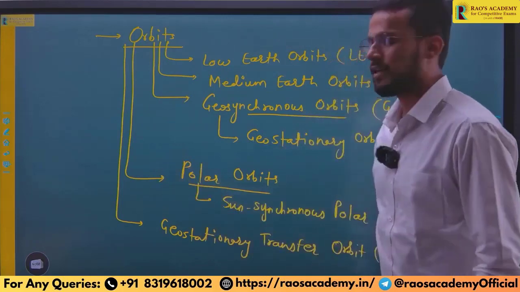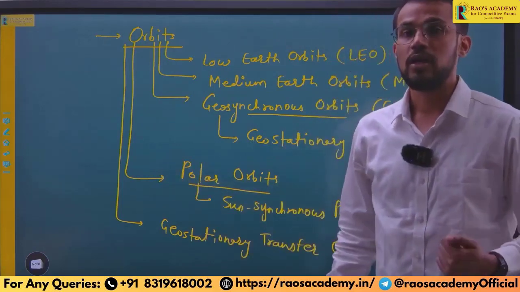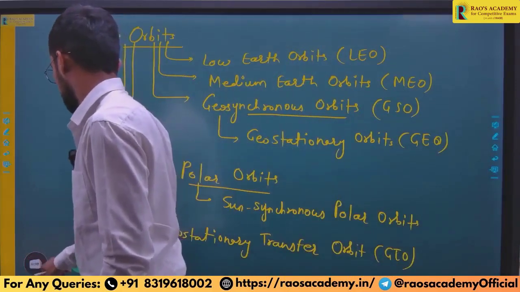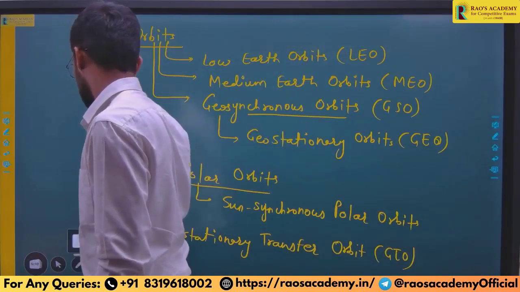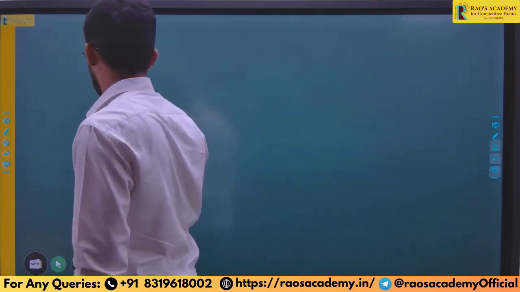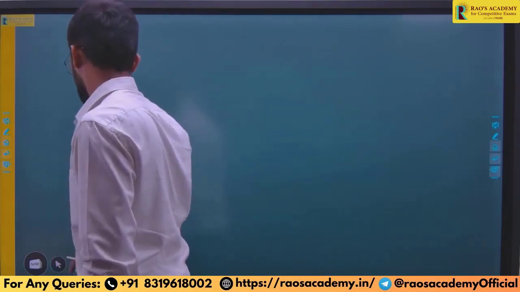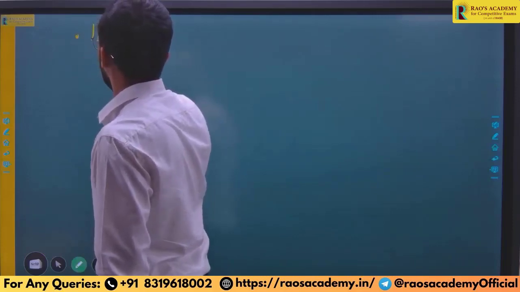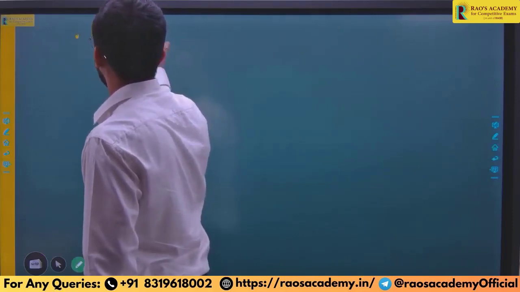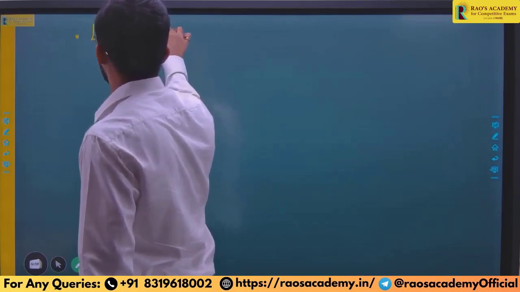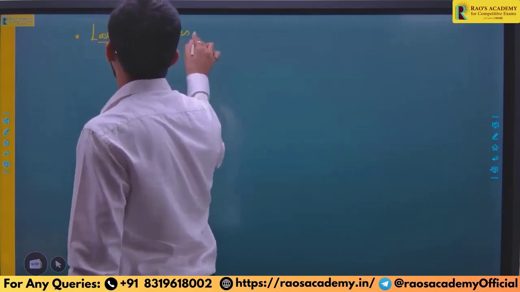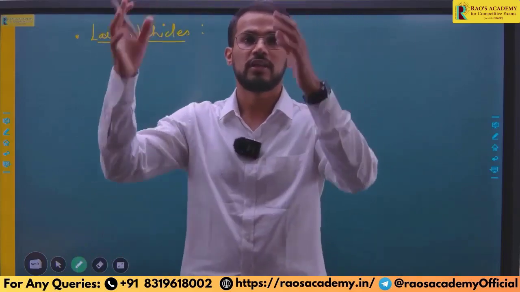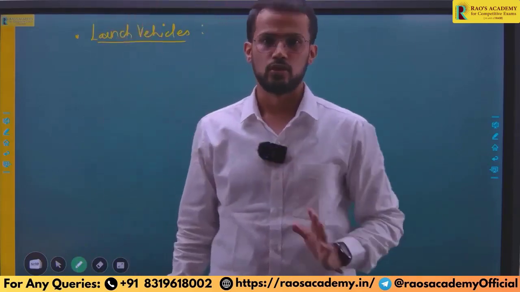Now once orbits are done, it is important to know about launch vehicles as well. So, launch vehicles. Now what are launch vehicles? Launch vehicles are the rocket systems that are used for the launch of satellites. Satellites are taken to their intended orbits by these launch vehicles.